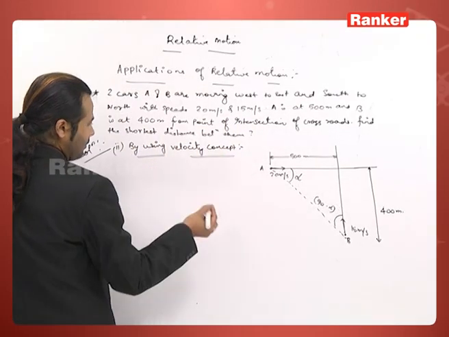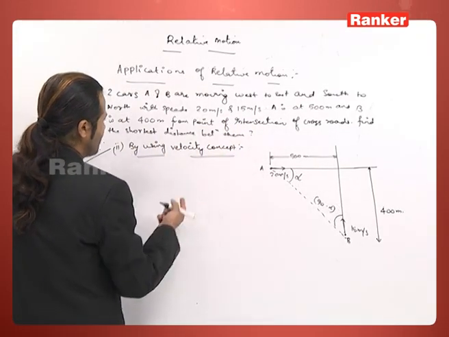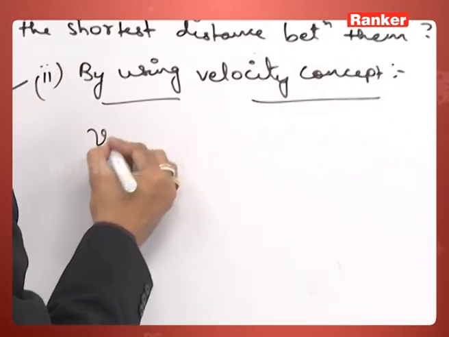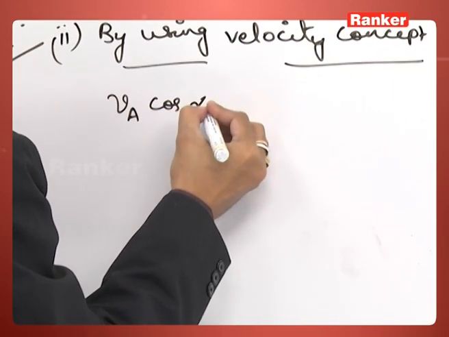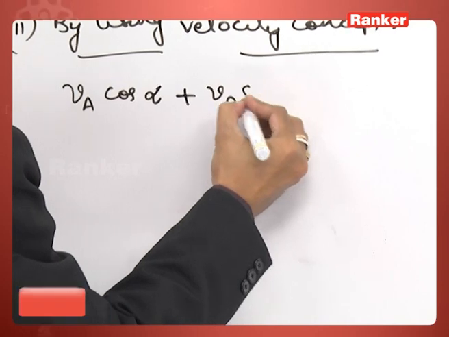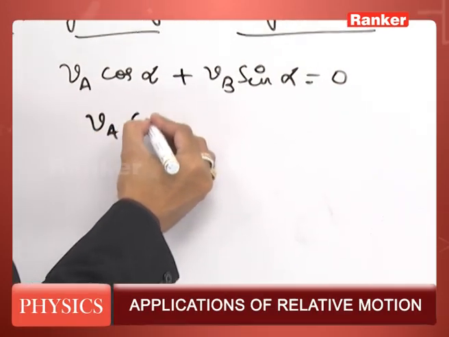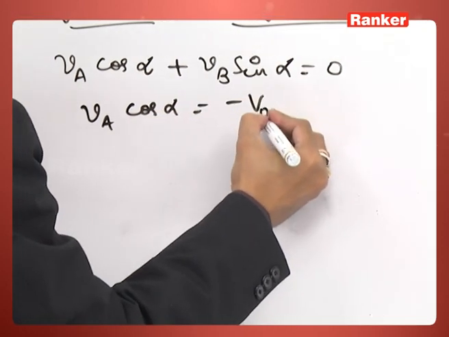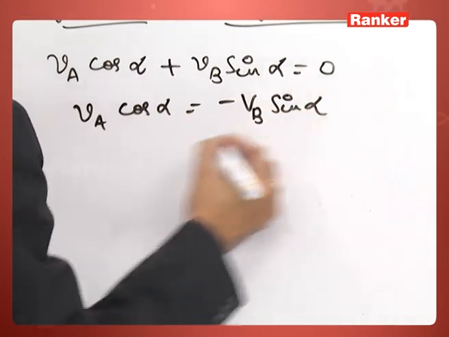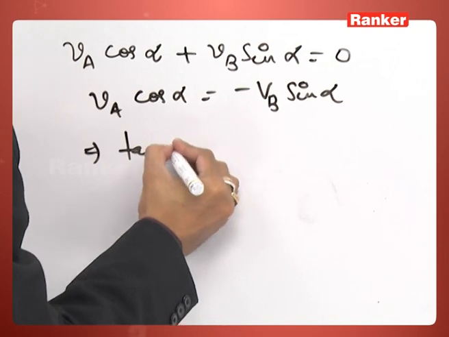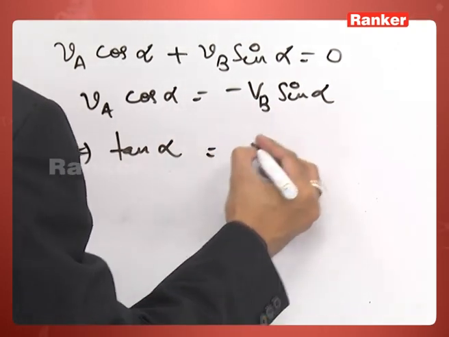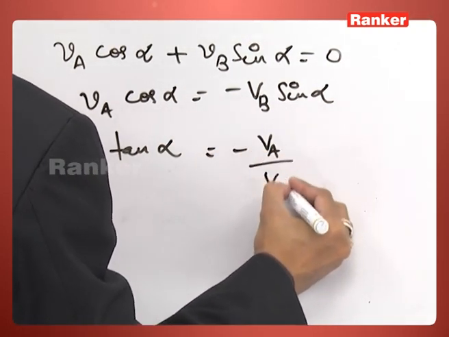So for relative motion with shortest distance, the component along the relative direction is 0: Va cos alpha plus Vb sin alpha is equal to 0, or tan alpha is minus Va by Vb.